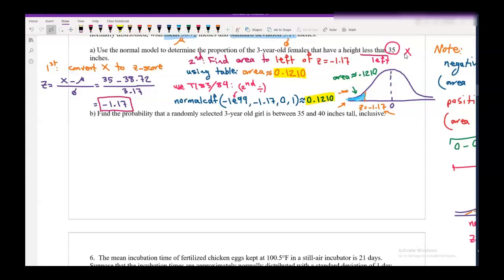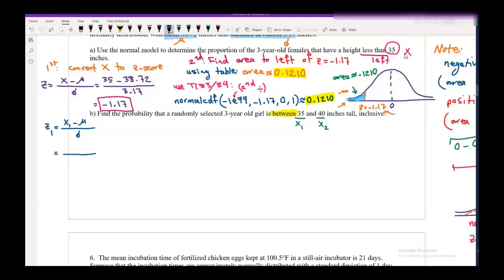Now the next one: find the probability that a randomly selected 3-year-old is between 35 and 40. So this is between. This is x1, here is x2, and we have in between. Again, this is x, it's not z. So the first step is to convert x to z. So z1 is equal to x1 minus the mean, divided by the standard deviation.